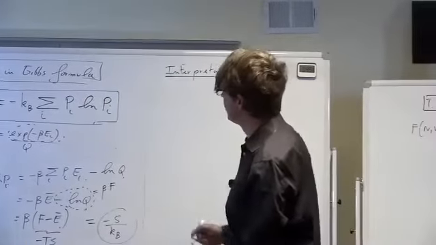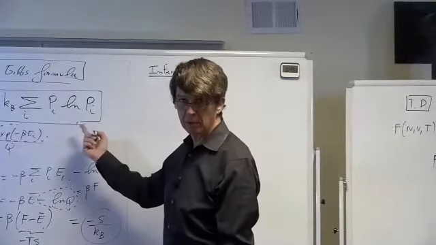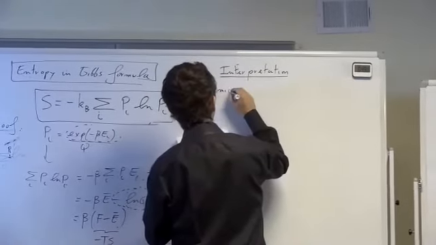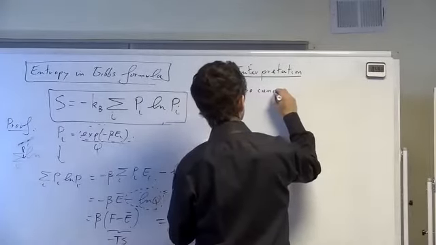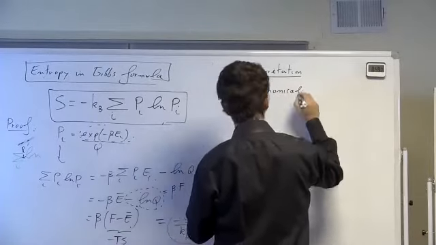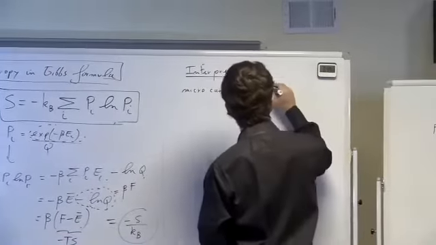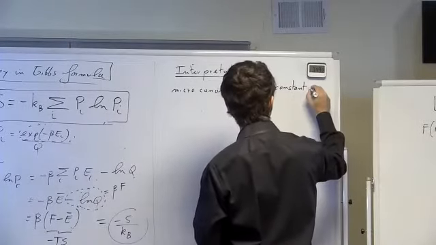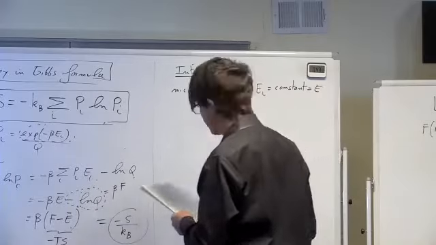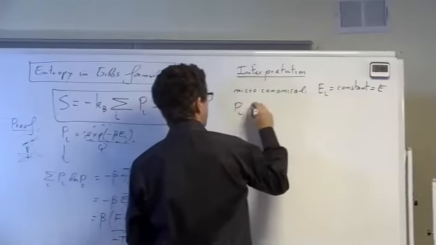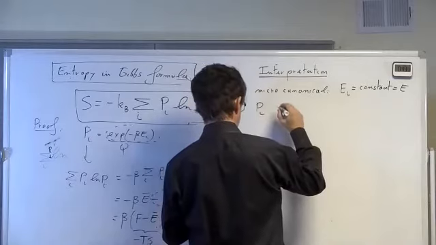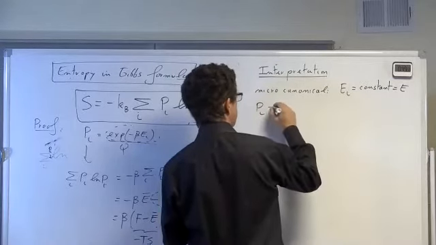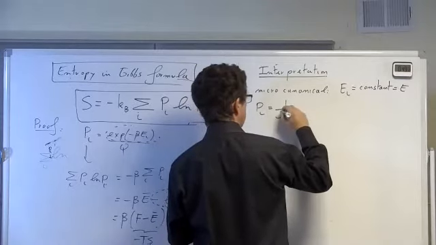So if you apply this now in the microcanonical ensemble, so at constant energy, then the energy E_i is a constant, which I'll just call E. So that means that all p_i are constant, so all p_i are the same, so all p_i are equal to 1 over omega.